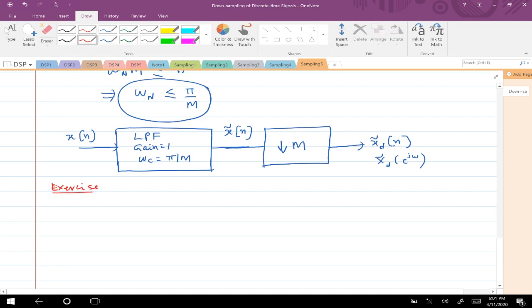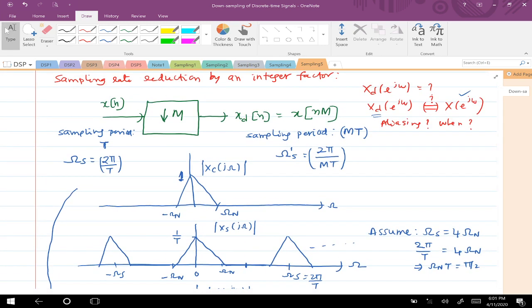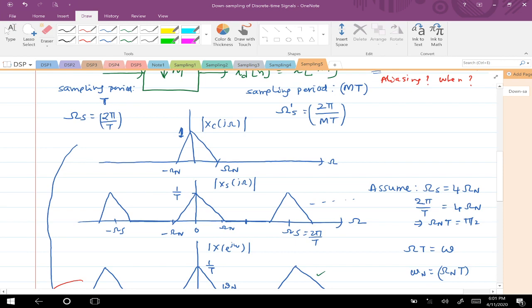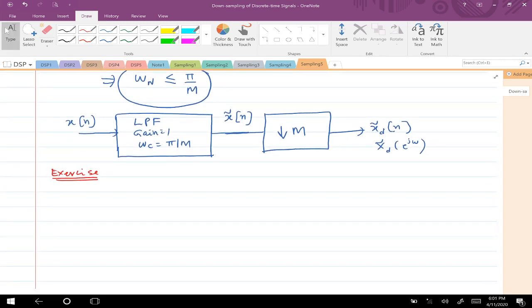Let me take the same values that I have taken here. For example, omega s is equal to 4 times omega n and everything, but now instead of downsampling it by 2, I want to downsample the same signal by 3.